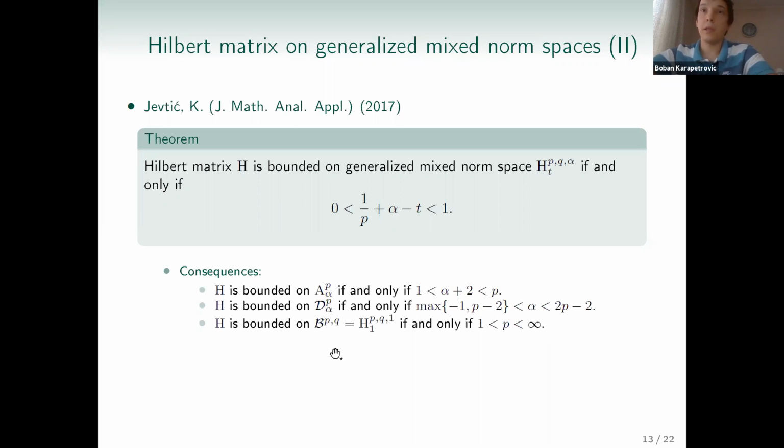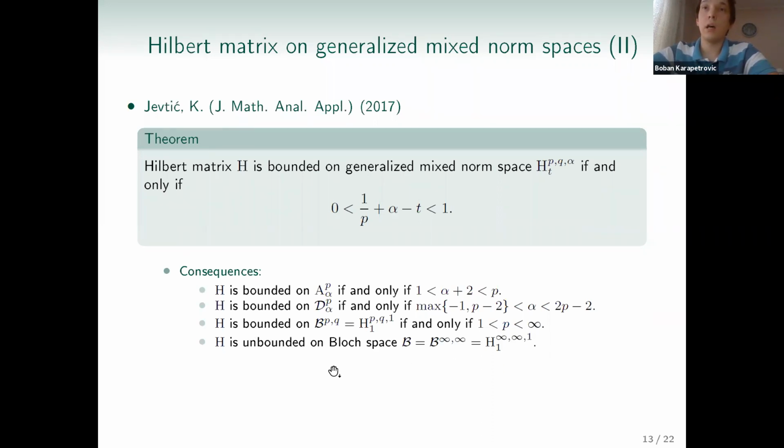Also, for example, in the case of Hardy-Bloch spaces, H^P_Q, 1, 1, in this case this quantity is equal to 1 over P. So the Hilbert matrix H is bounded on the Hardy-Bloch space B^{P,Q} if and only if 1 over P is between 0 and 1. So we have this condition, P is between 1 and infinity, which is the same condition.